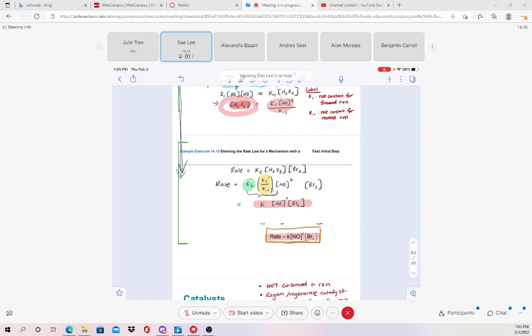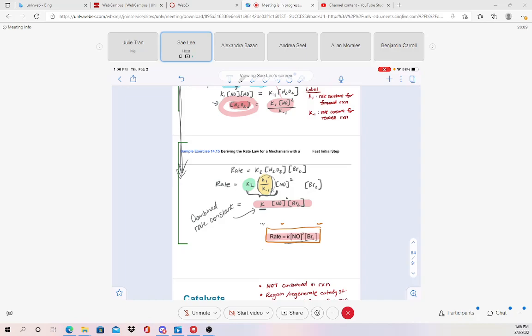The overall rate constant for the overall reaction is the multiplication of all the rate constants combined together. So this is going to be the combined rate constant. Okay, so in the future when you're solving this kind of problem, do not cancel this portion out. Just leave everything.